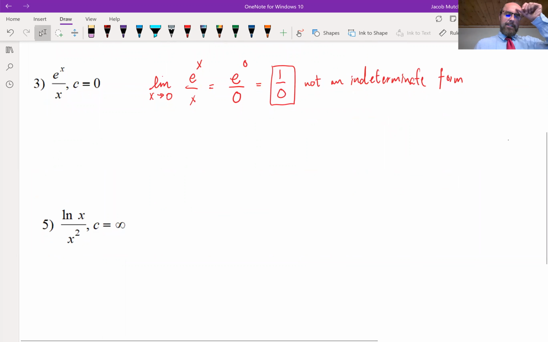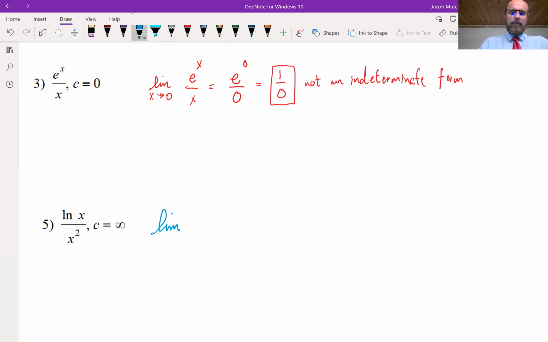Here's our last example. I've got the natural log of x over x squared. And here we're interested in finding the form when the c value is infinity. So just as with our first two examples, we'll consider the limit as x approaches that c value of infinity for the expression natural log of x over x squared.